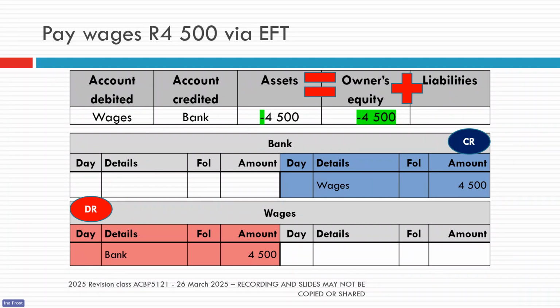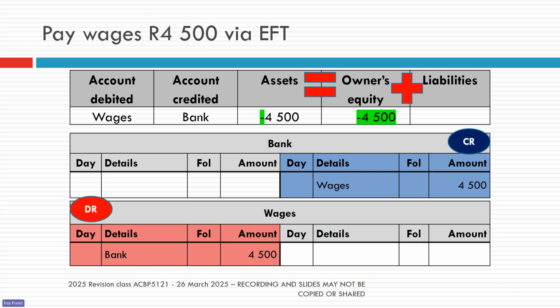So just make sure for this one that you have a look at the owner's equity, that it's minus. And of course, if my assets are minus, then my owner's equity must also be minus. Otherwise, my equation won't be true, because I must be able to say minus 4,500 equals minus 4,500.